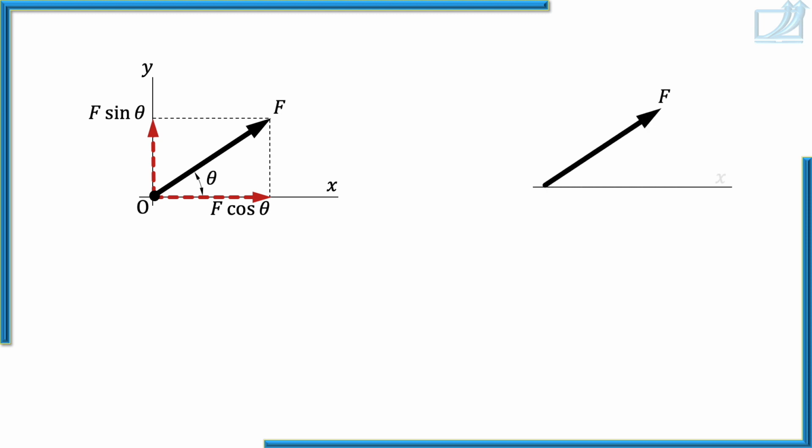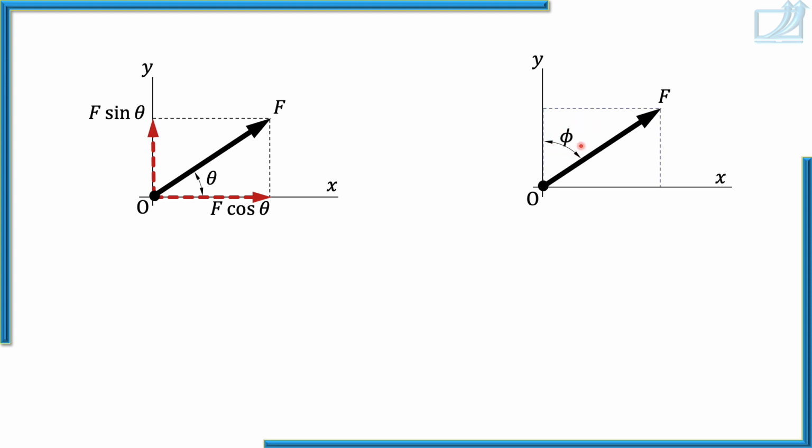Now watch here. Here is the force that makes angle theta with the horizontal, and I have shown components of the force, F cos theta and F sin theta. Now it is the same force, but in this case I am showing the angle of force with the y-axis.